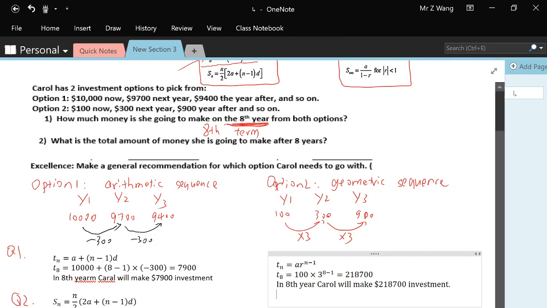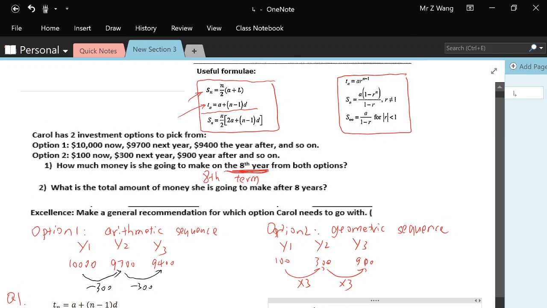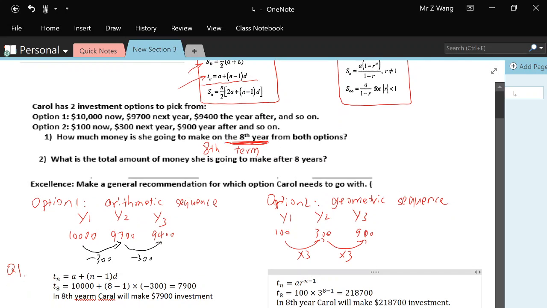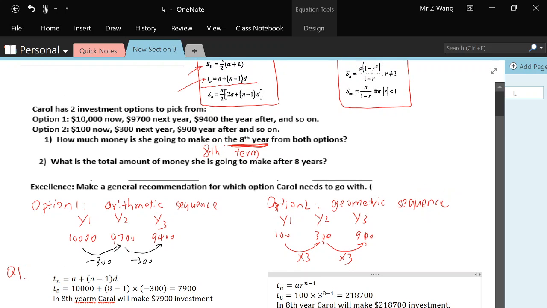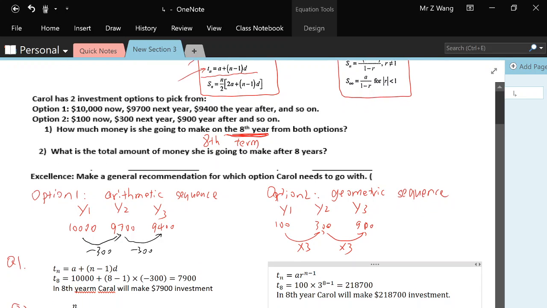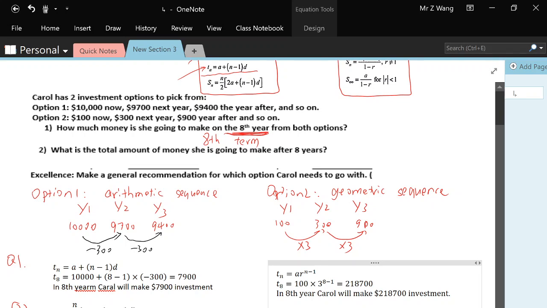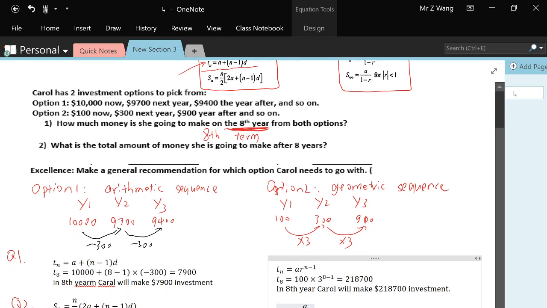And then similarly, we have to calculate the sum for the geometric sequence. Now we use this as a sum, so we copy down the formula. Sn equals A multiplied by 1 minus r to the power of n.